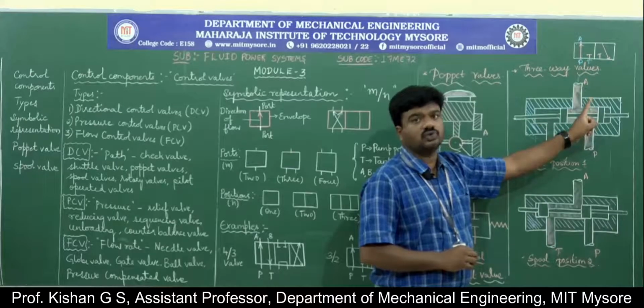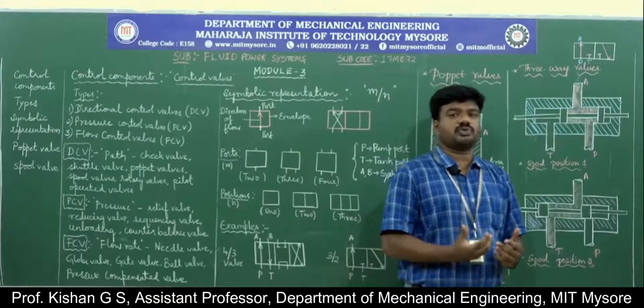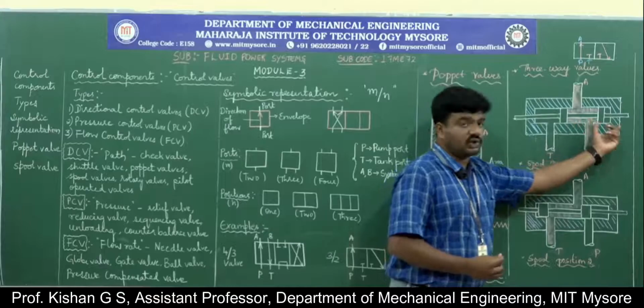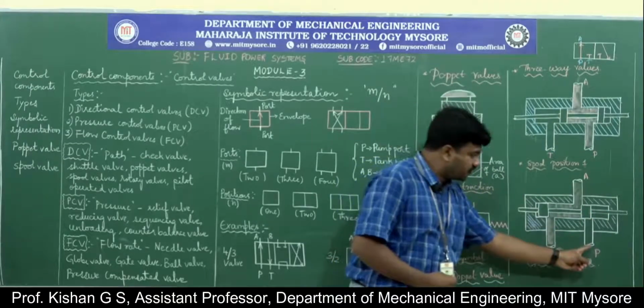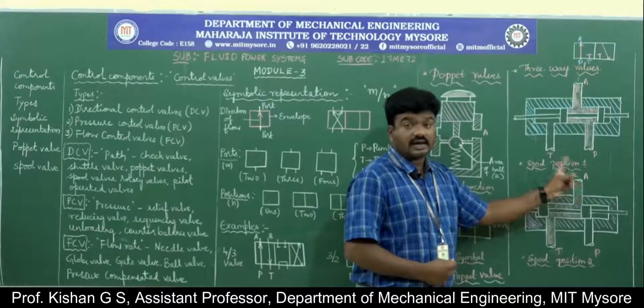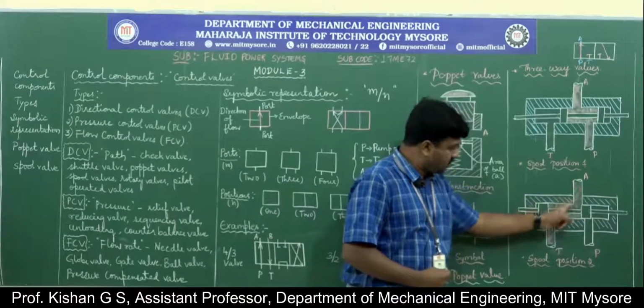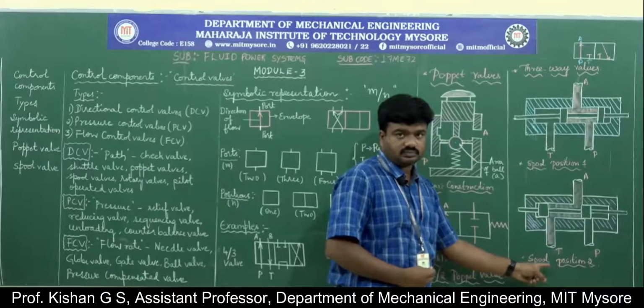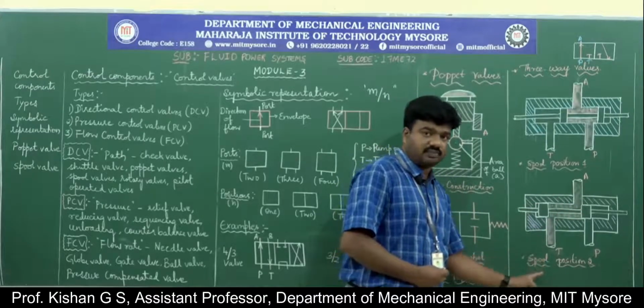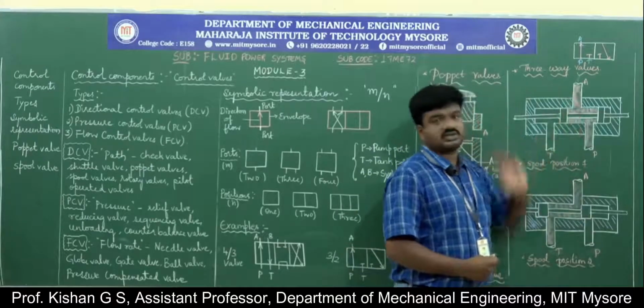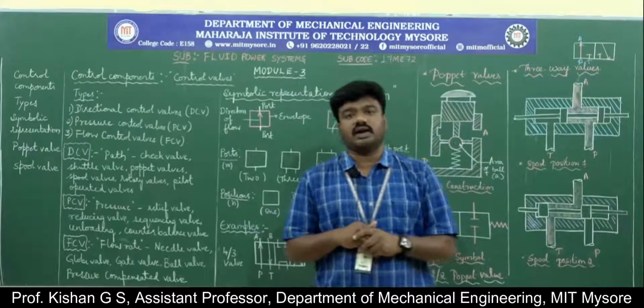This is the position of spool 1. Now consider the position of spool 2. The spool is now moving from right to left. When it has moved from right to left, there is no flow from P to A. Instead, there is a flow from A to T. T is the tank port, P is the pump port, A is the system port. Keep this always in mind.